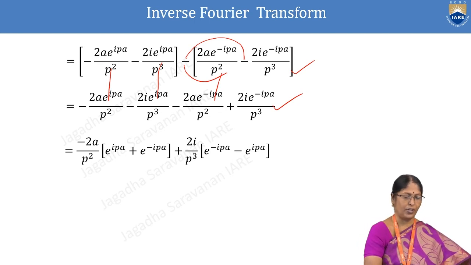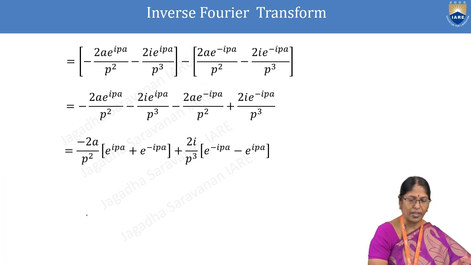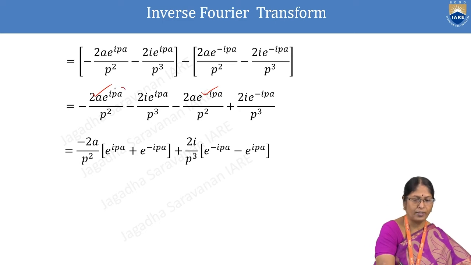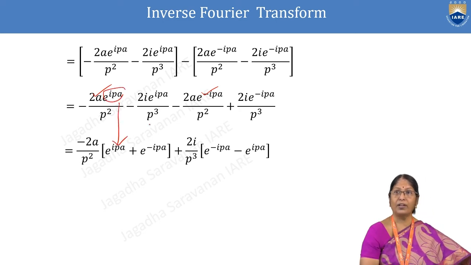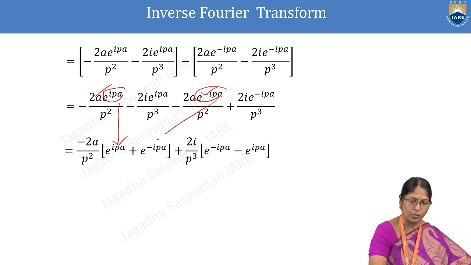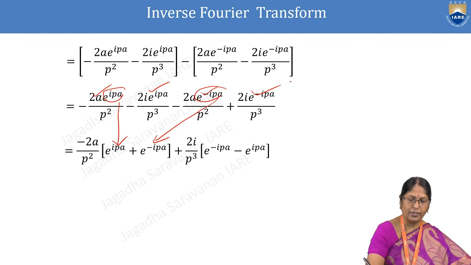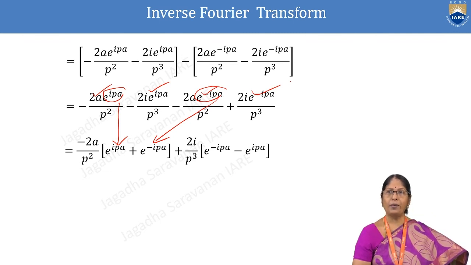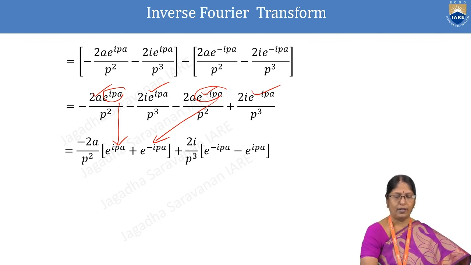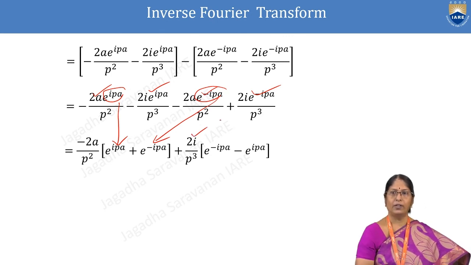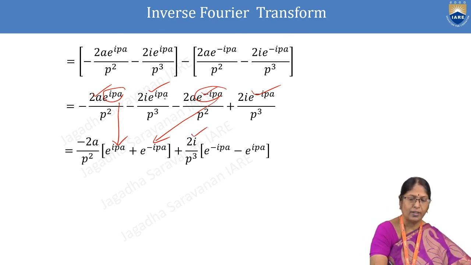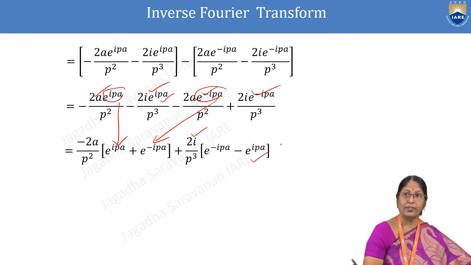We collected this term and this term, and the leftover is this one, which is kept here. The common 2i by p cube we collected and kept as common, and the balance is this one.